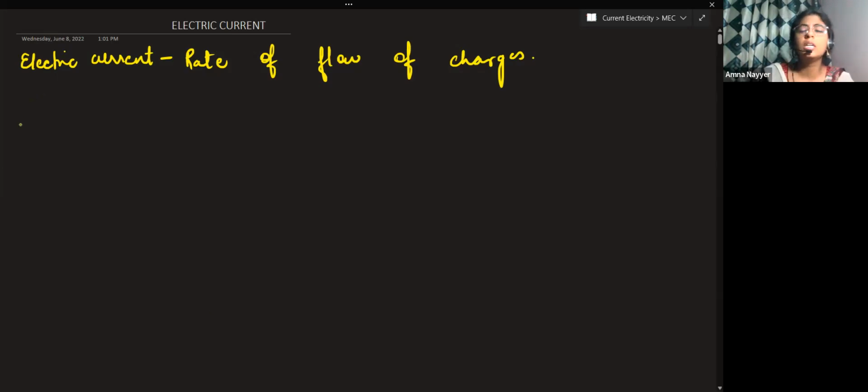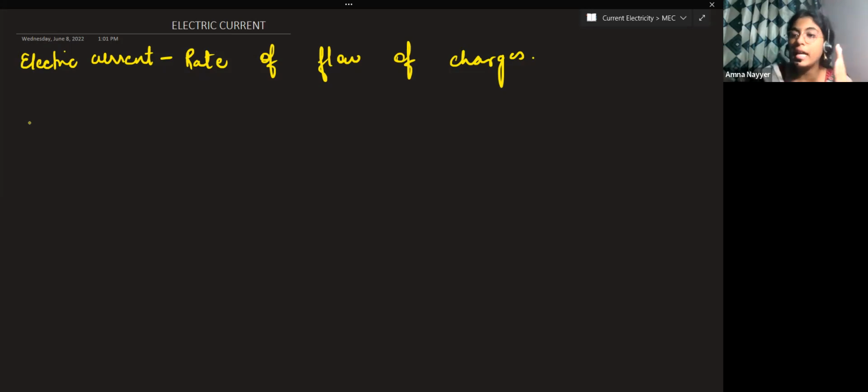If a positive charge is flowing to the right hand side, my electric current's direction will be the same, so the current will also flow to the right hand side. But if an electron is flowing towards the right hand side, then my electric current would be flowing towards the left hand side.